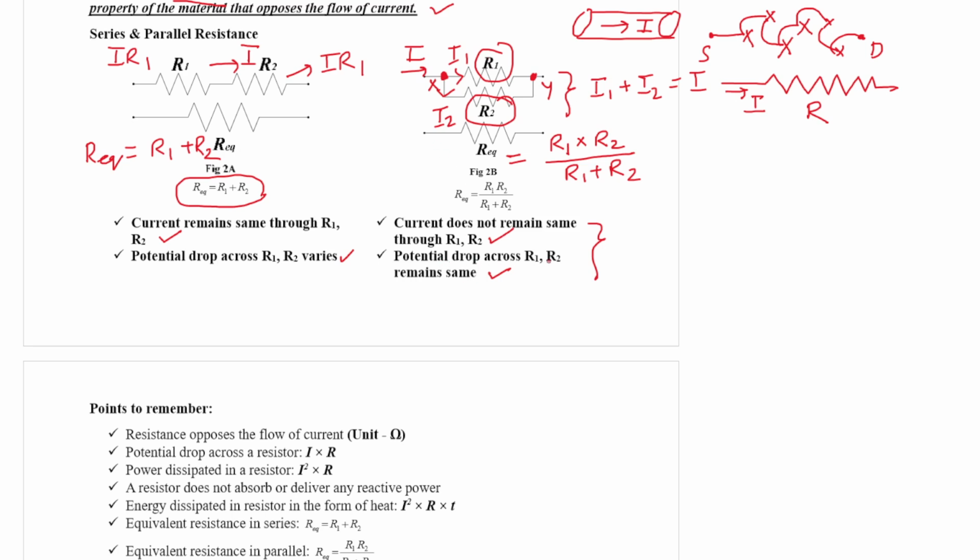However, the potential drop across R1 and R2 remains the same because these two resistances are connected across the same two points. If you connect a voltmeter across these two terminals, it will measure the voltage, which happens to be the same for R1 as well as R2.